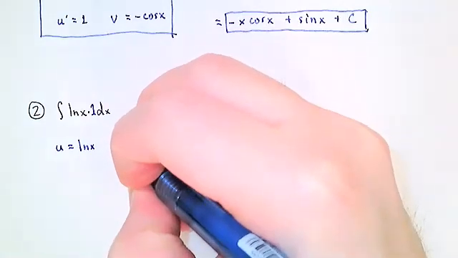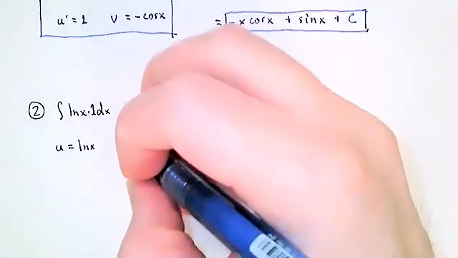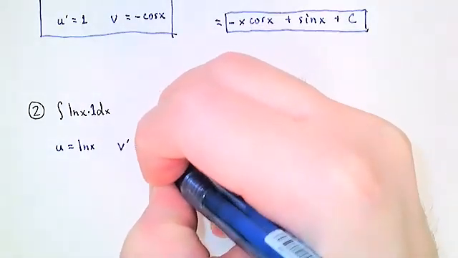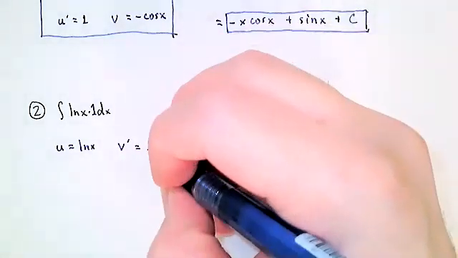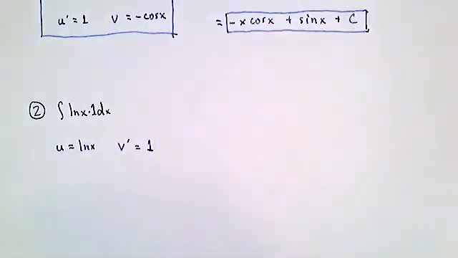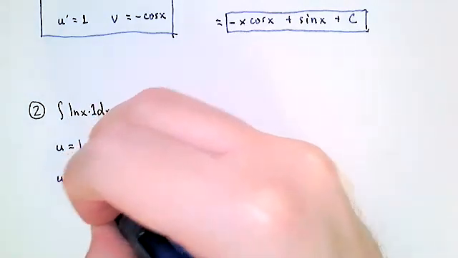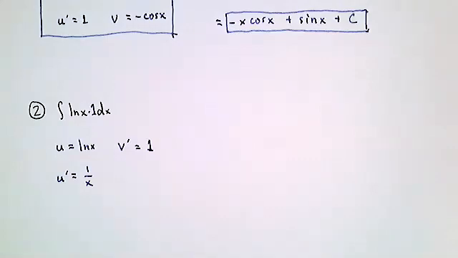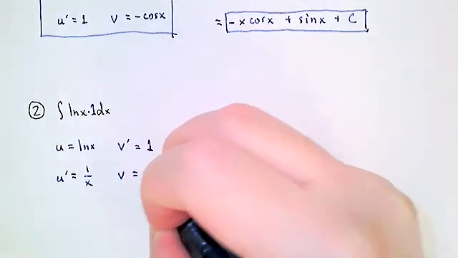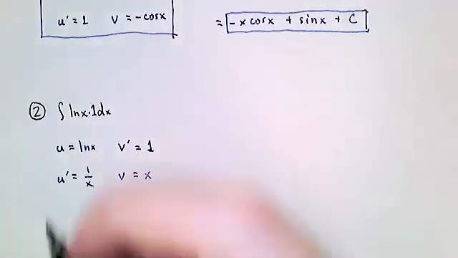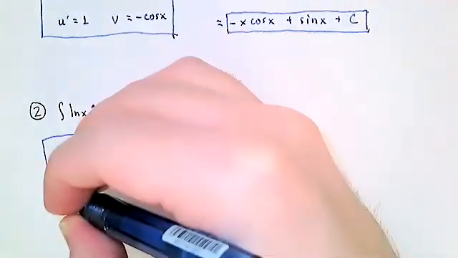And v prime is going to be this extra function that I added in, the constant 1. And this has an easy antiderivative. The antiderivative of 1 is, of course, just x. And if I make this choice, we're going to be able to finish off this integral. So maybe put that in the box, set it aside.